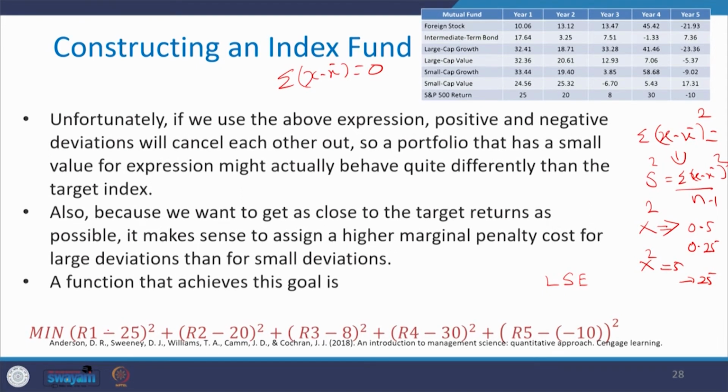So, what we are doing here is the sum of the square of the error is minimized. R1 minus 25 is the deviation, that is nothing but the error. So, when you sum all the squared errors, that has to be minimized.